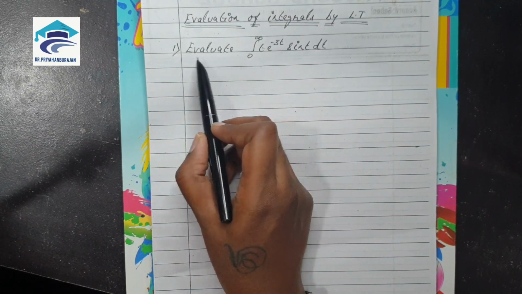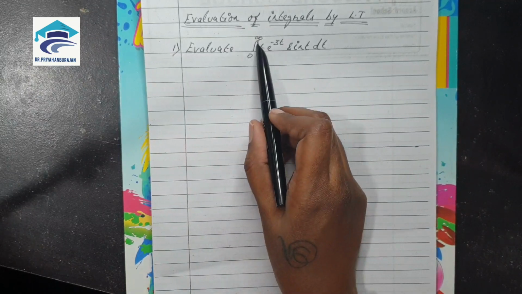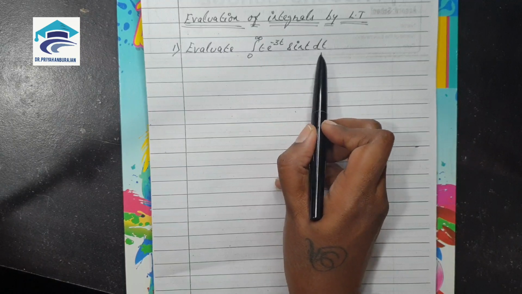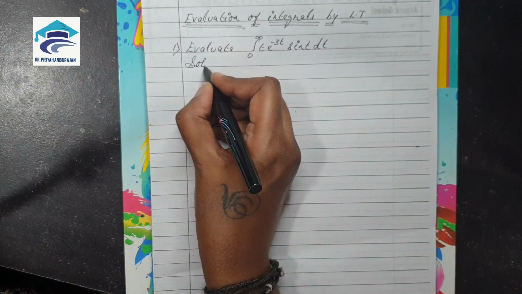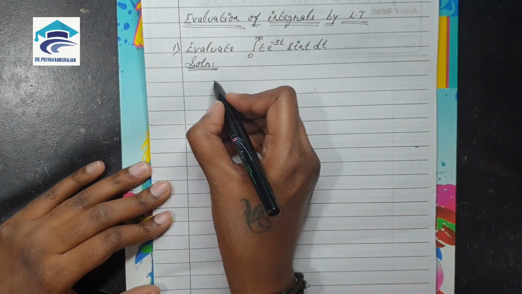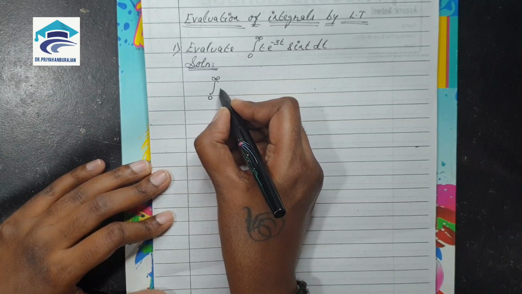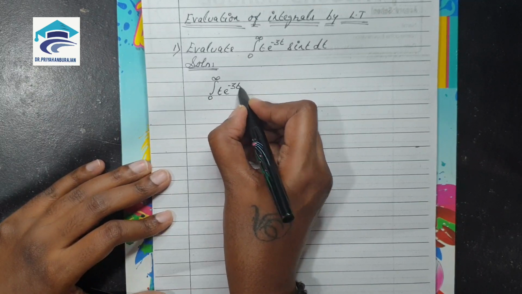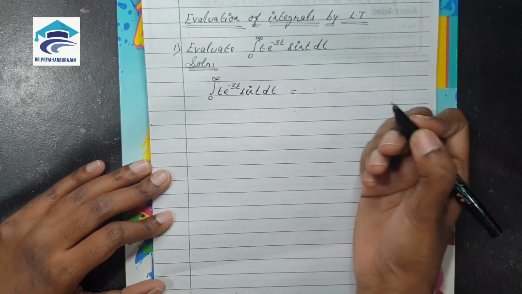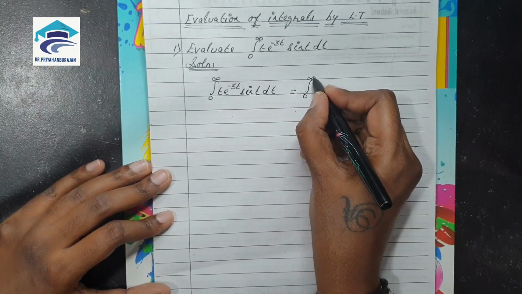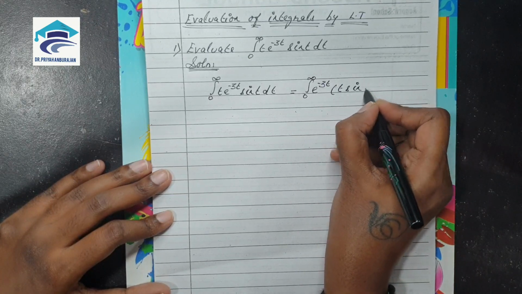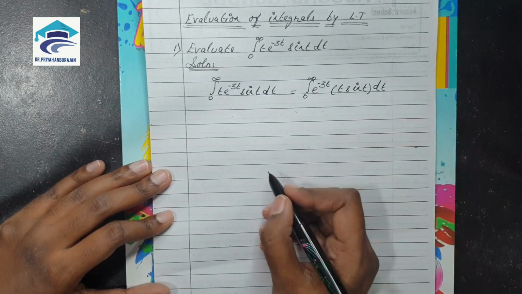Here we have to evaluate, that is, we have to find the value of this integral 0 to infinity t into e power minus 3t sin t dt. Let me take this integral. This can be written as integral 0 to infinity e power minus 3t t into sin t dt.